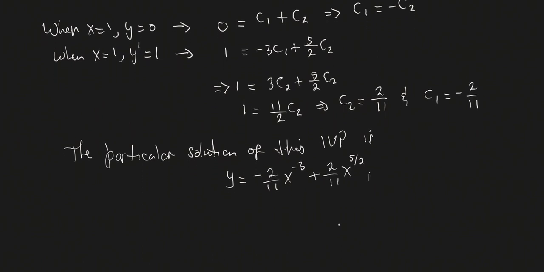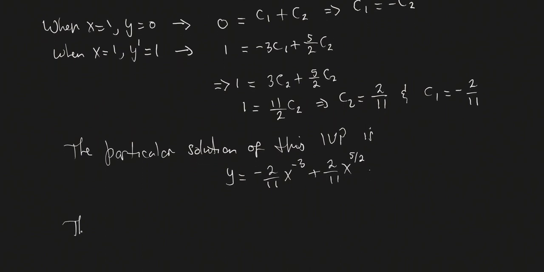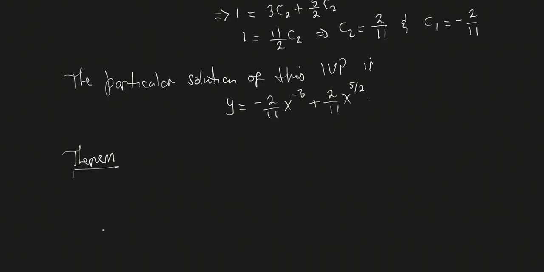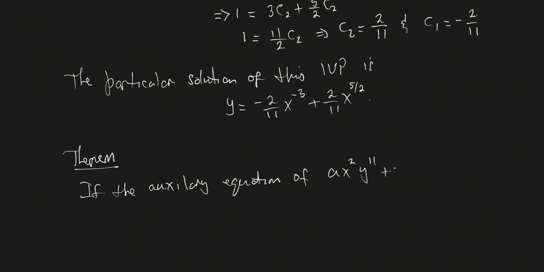So let's just summarize this first case with the theorem. Let me write down the Cauchy-Euler equation, so let's say this, bx y prime plus cy.